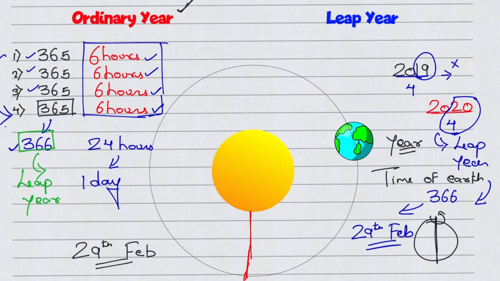If it is not divisible, it is not a leap year. And now you also know why we have a leap year at an interval of every 4 years: because those 6 hours are getting added and you have an extra day. So 365 days in an ordinary year and 366 days in a leap year.